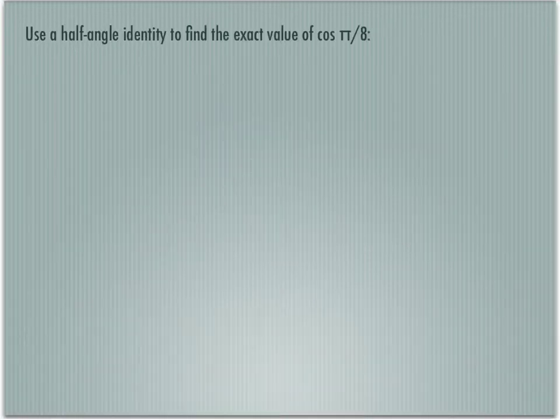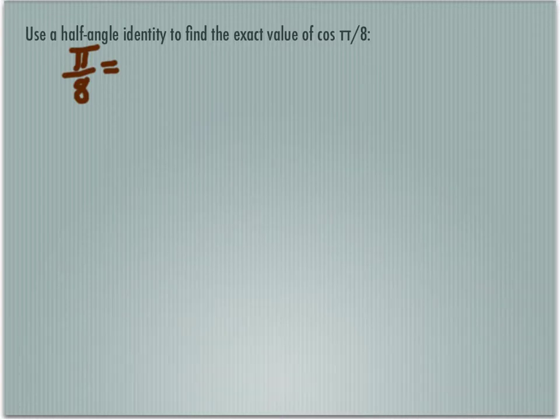Alright, let's see if we can figure out this particular problem here. The cosine of pi over 8, and it says use a half angle identity to help us figure that out. Now let's think about pi over 8. How many degrees is that? Well, if you take 180 divided by 8, I'll just do this very quickly and see what we get.